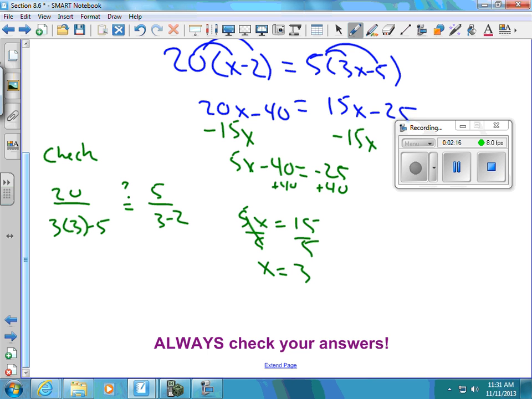Simplify each side. 3 times 3 is 9, 20 over 9 minus 5, and we have 5 over 1. 9 minus 5 is 4, 20 divided by 4 is 5, 5 over 1 is 5. They equal each other, they check out. So this is one of the simpler types of rational equations we're going to deal with. Obviously, we'll probably increase the difficulty as we go through.